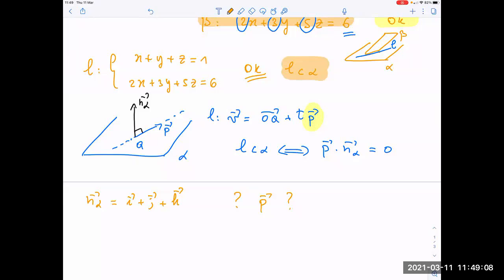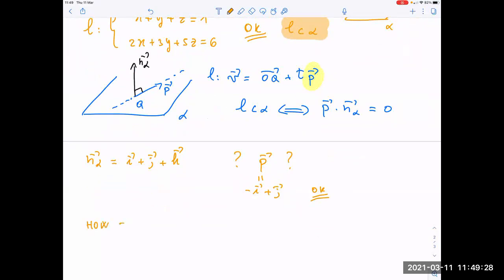Yeah, Pascal Riaki suggests to say, well, I pick something like minus i plus j. And this is okay. This is working. Of course, you can produce many of these vectors, right?